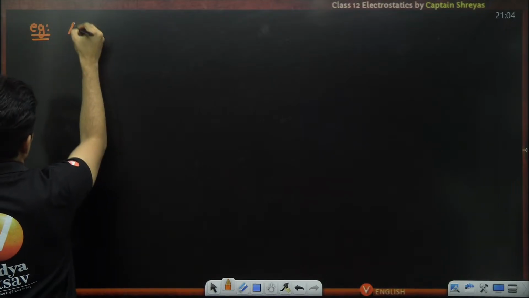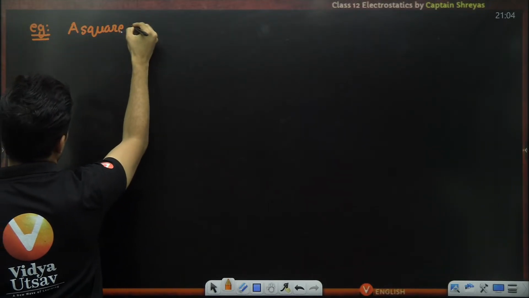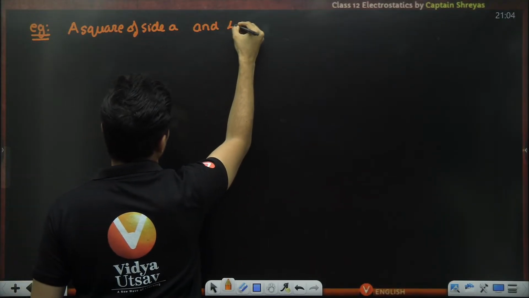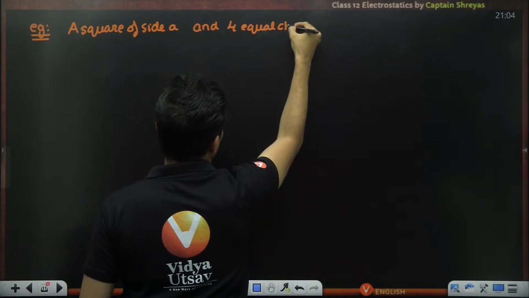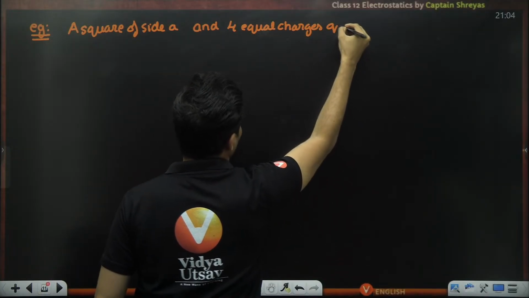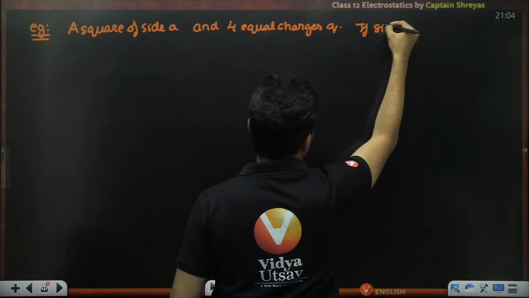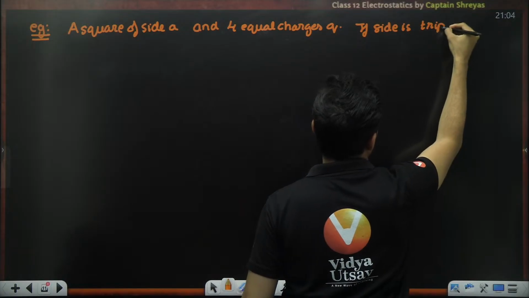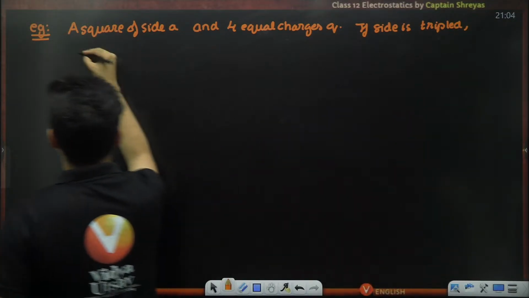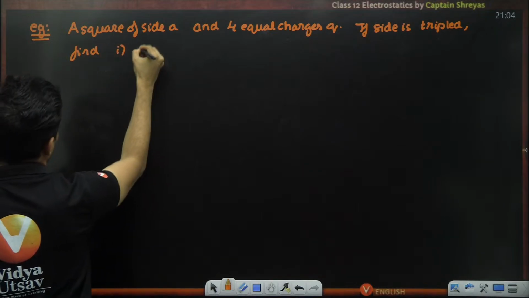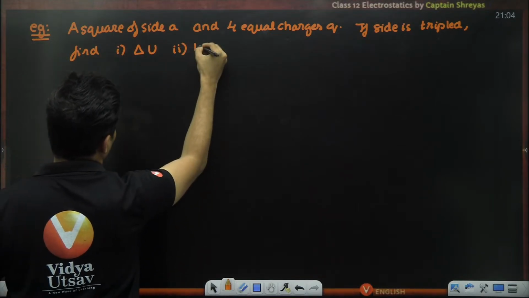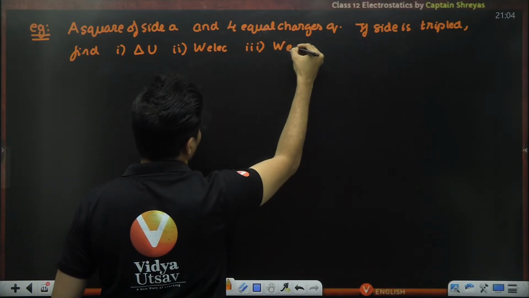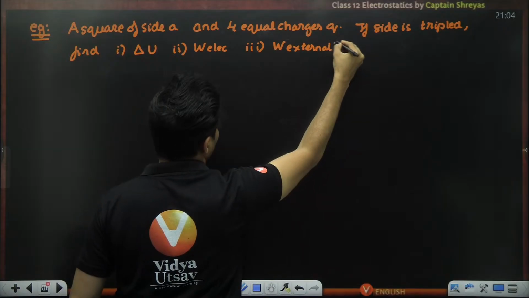There is a square of side length A and 4 equal charges of Q. If the side is tripled, find number one, the change in the potential energy, number two, work done by electrical force, number three, the work done by external force. All the three things you need to find.